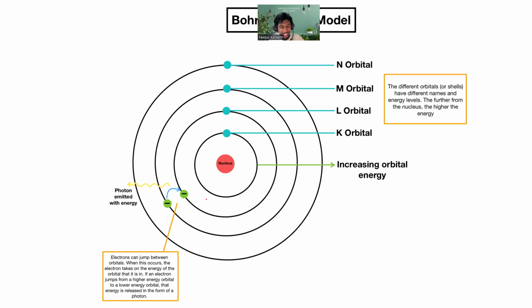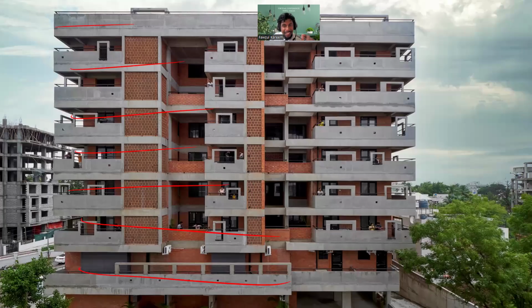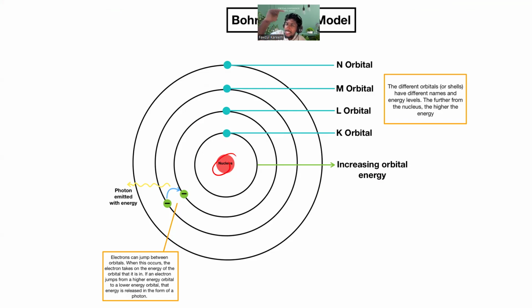So we have the nucleus, and around the nucleus we have layers, like the layers we see in a building.